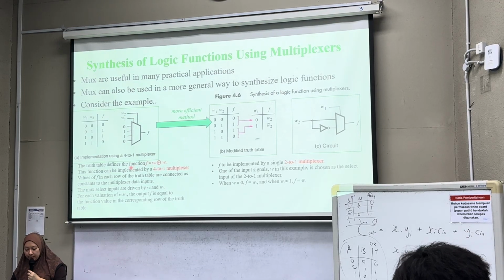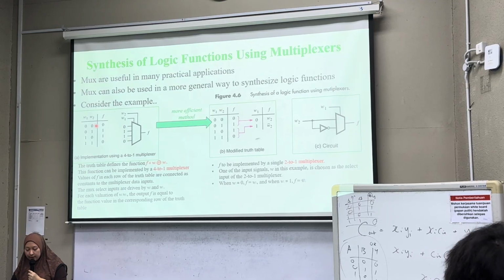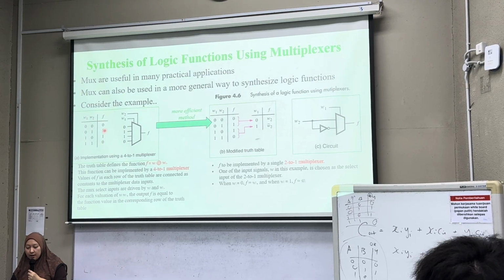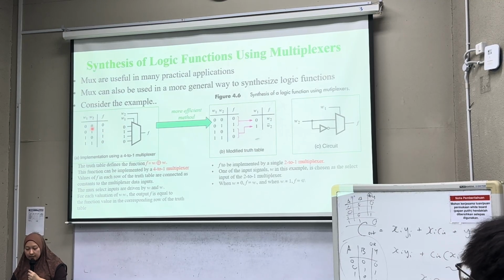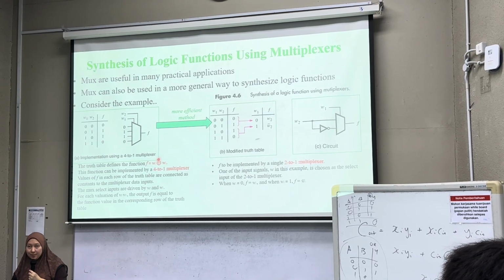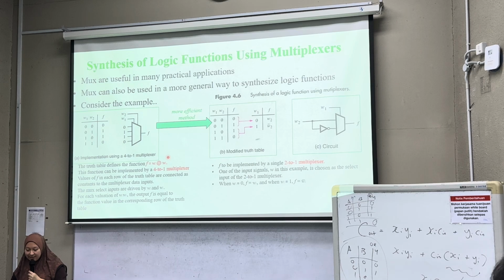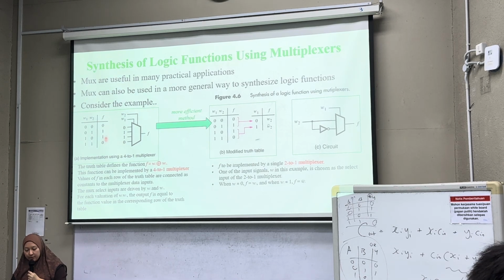If you look at the truth table here, it shows the function F equals W1 XOR W2. Again, XOR is much used in digital systems and digital circuits. You see, this is the truth table of an XOR.